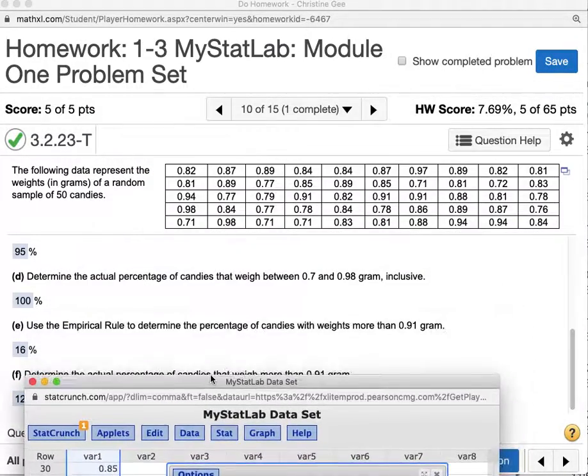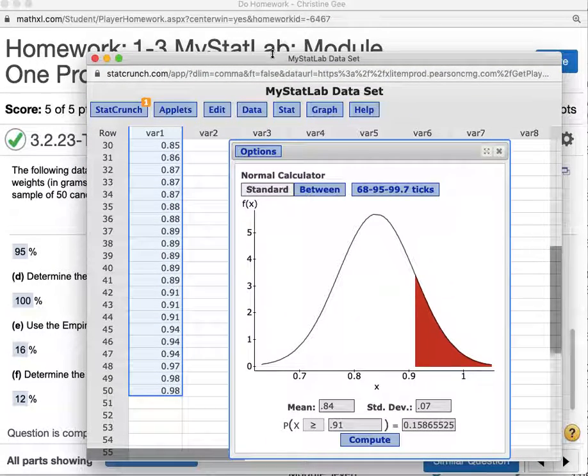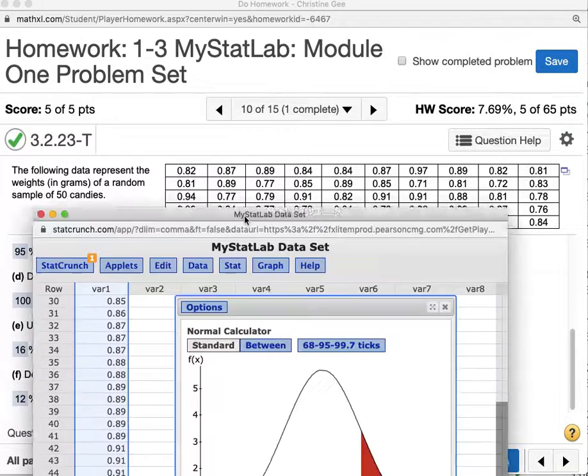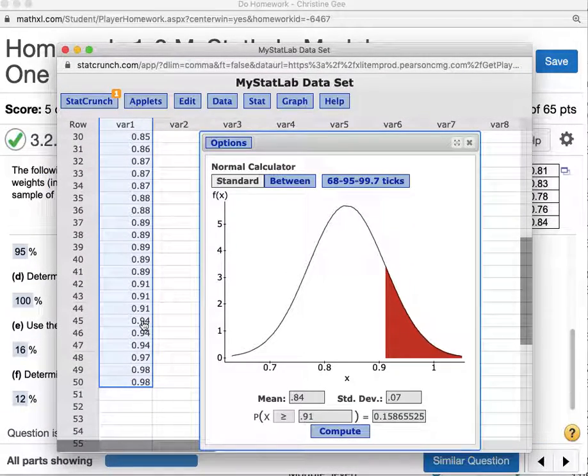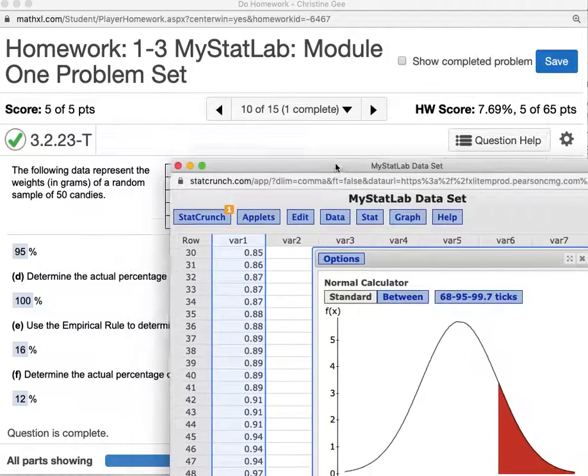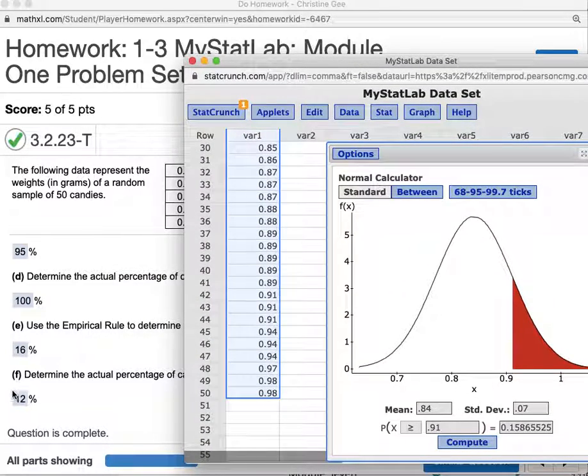There are 50 data points, so we look at the column for more than 0.91. We just count these up that are above 0.91: 1, 2, 3, 4, 5, 6. Then 6 divided by 50, and when I rounded it, I got 12%.